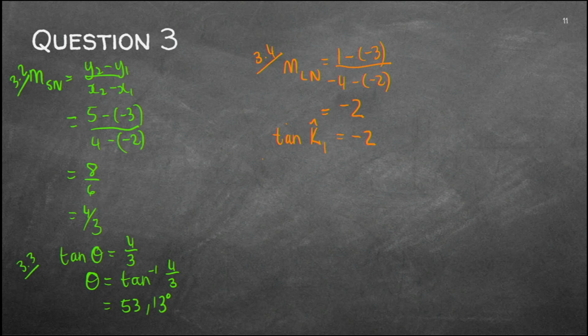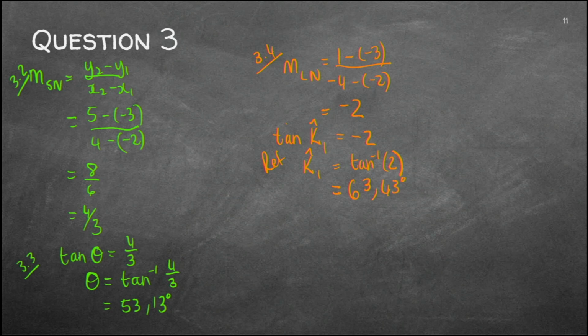So the reference angle, remember there's a negative, so we'll sort that out, means that K1 is equal to shift tan of just 2. Quickly go for the shift tan of 2, and we get 63,43 degrees.